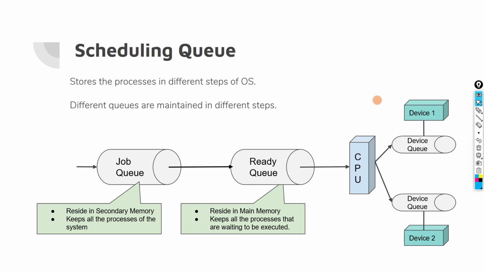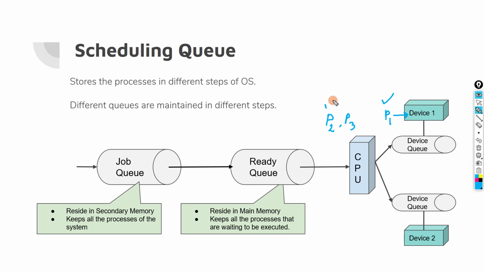But the device itself cannot serve more than one process at a certain time. So what will happen? Maybe P1 is currently using the device, but other processes, P2, P3, also need this device, which is currently occupied by process 1.